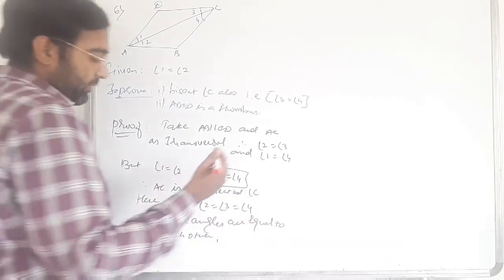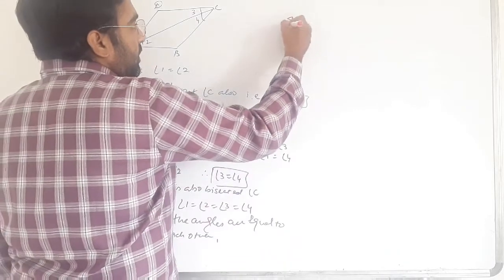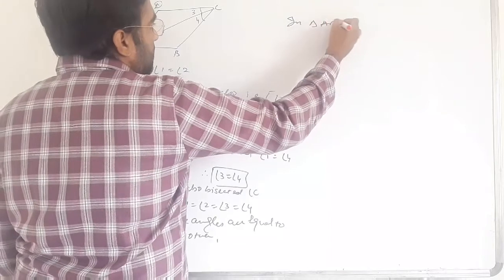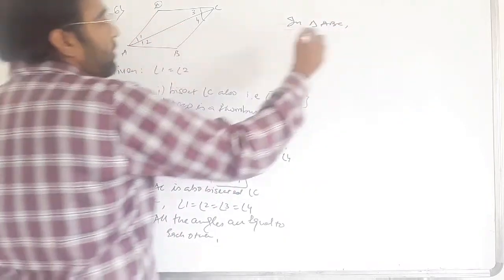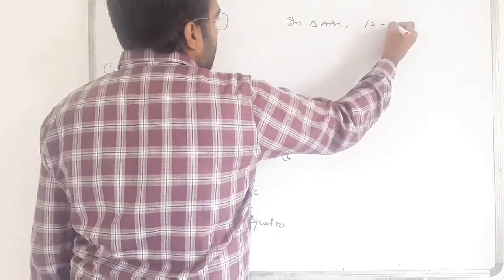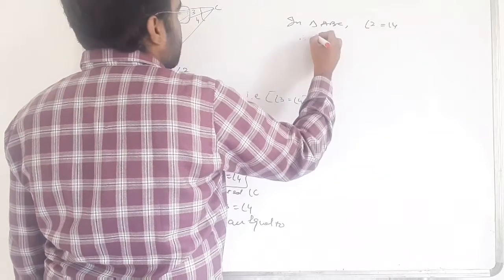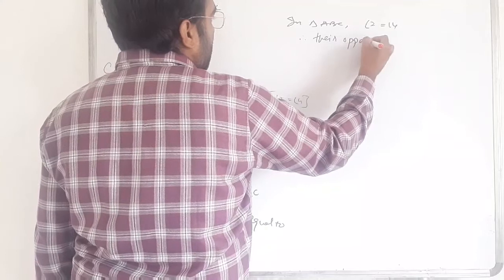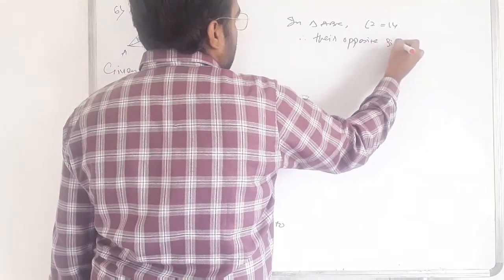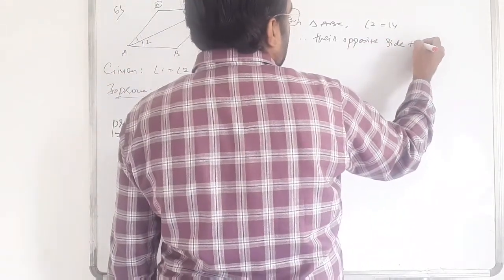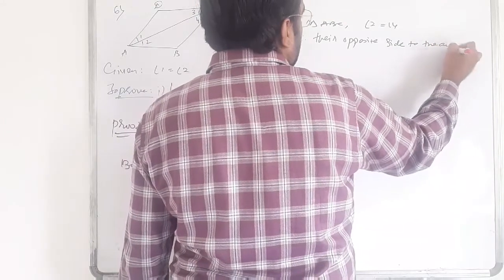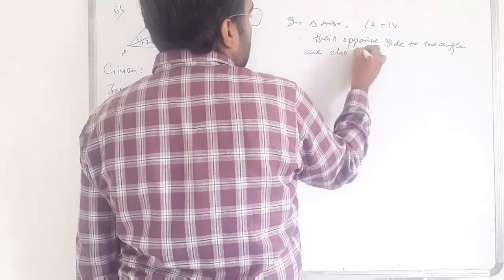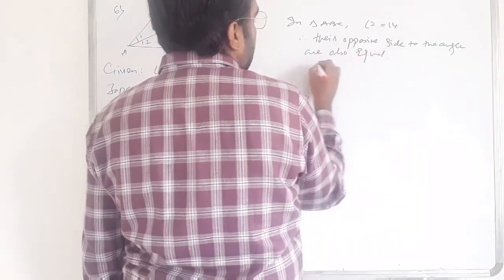So in triangle ABC, angle 2 is equal to angle 4. So therefore their opposite sides are also equal.